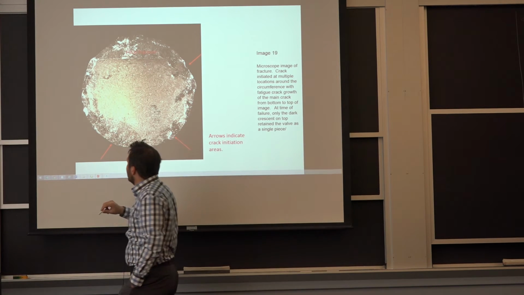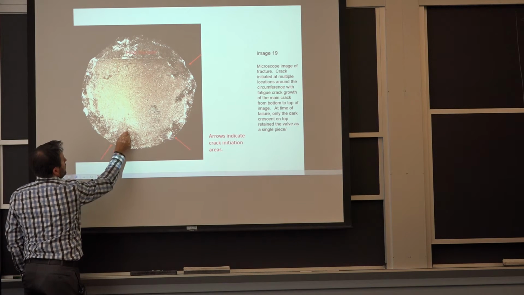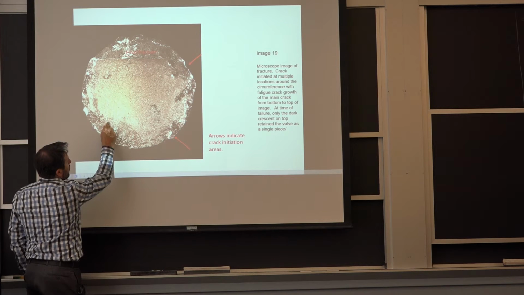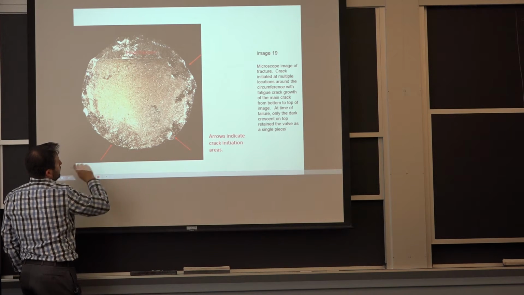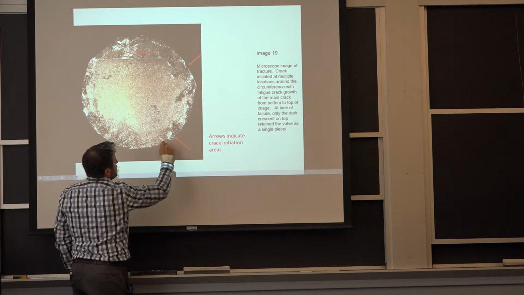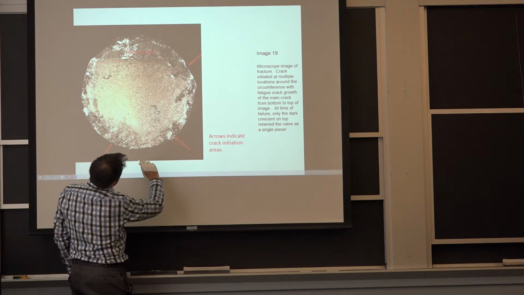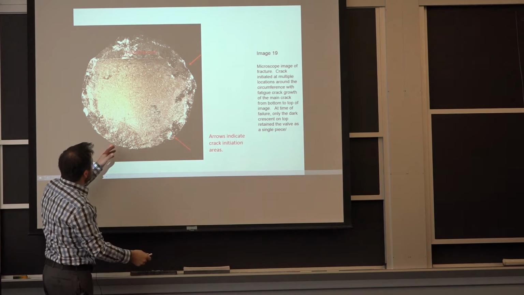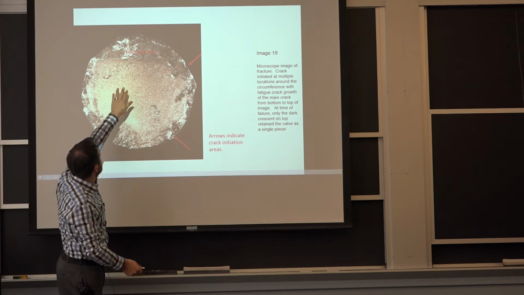It's the same effect where you have the crescent shape, the beach mark. There's a crack until this point, so it gives you an idea of where the initiation was. There's another one here that may look a little more subtle to you, but there is another region that goes all the way to here, where it also grew. Eventually, those two cracks merged to make the main crack.